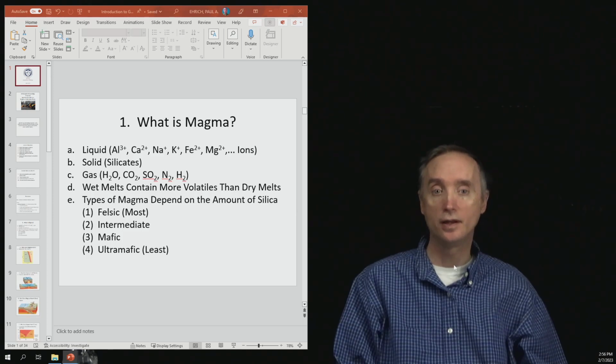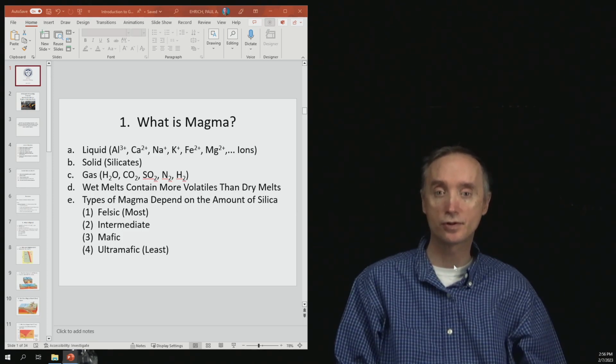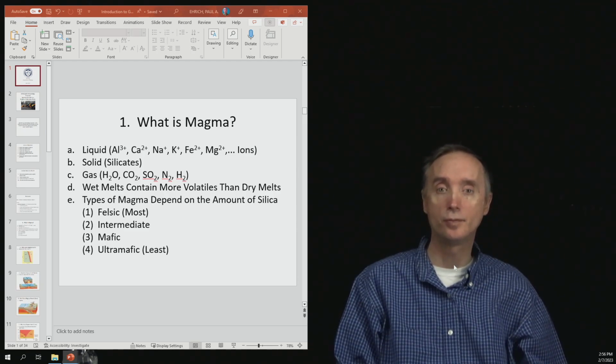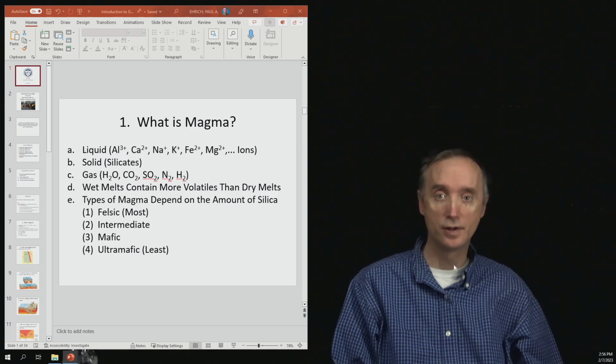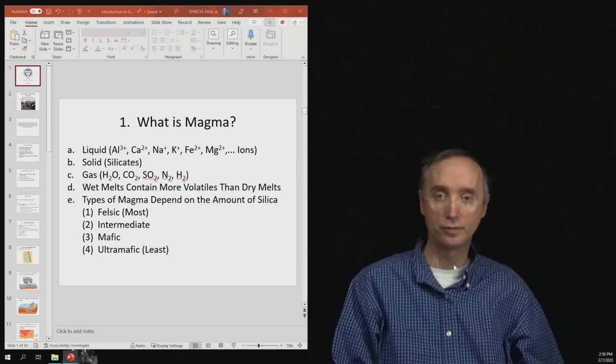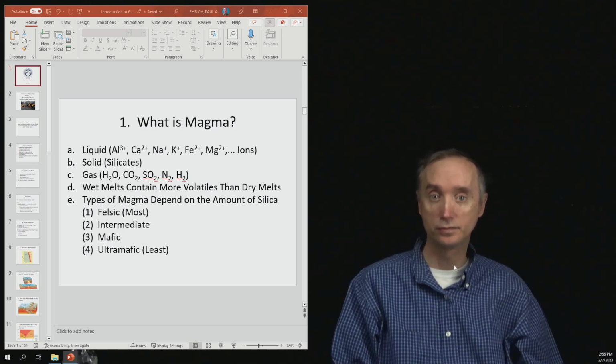So water under surface pressures and temperatures is normally a liquid, but if you raise the temperature enough, it becomes a gas. So water is considered to be a volatile. And this is going to be very important because water is going to help rocks to melt easier.